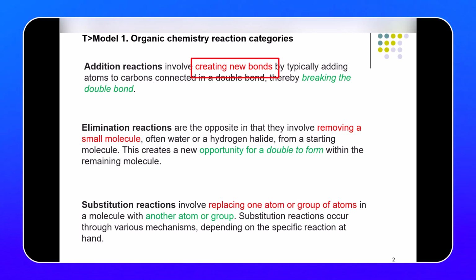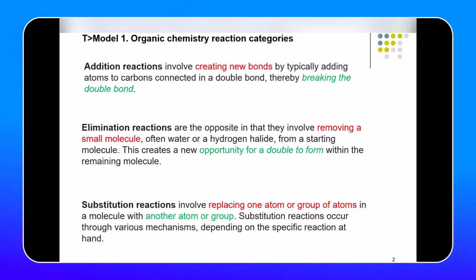Addition reactions, as you might imagine, involve creating new bonds. The way that this happens is essentially the carbon-carbon double bond is broken, and new bonds are made to other atoms. Elimination reactions involve eliminating something, a small molecule, sometimes water, sometimes a hydrogen halide, or something different.